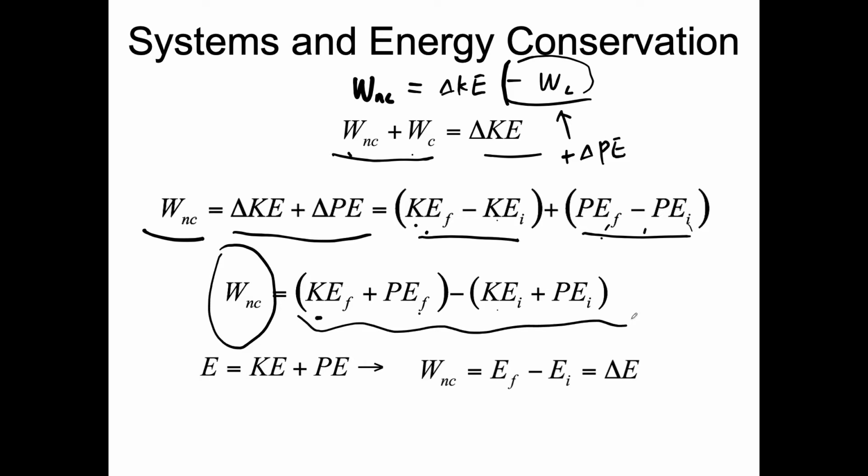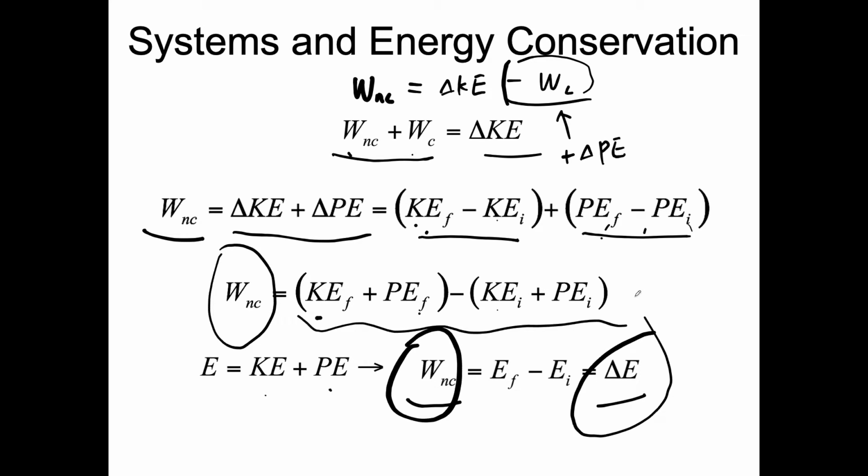We define kinetic energy plus potential energy as mechanical energy. So the work done by non-conservative force equals the change of mechanical energy of the system, which is consistent with mechanical energy conservation. If the work done by non-conservative force is zero, the mechanical energy is conserved. If it is not zero, then it equals the change of mechanical energy.